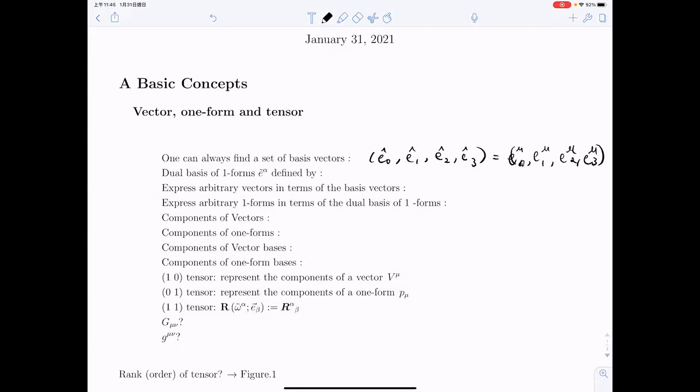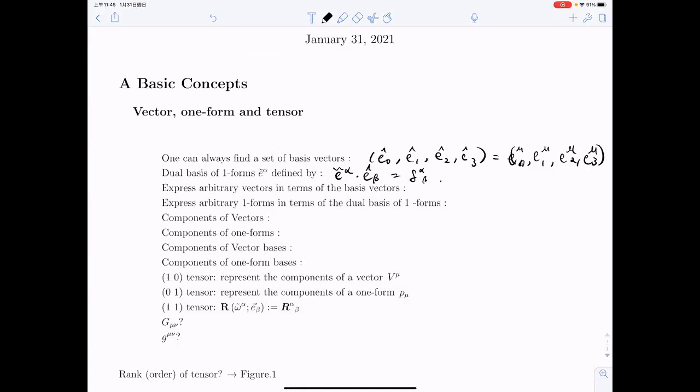For one-forms, the dual basis e tilde alpha is defined by e tilde alpha applied to basis vector e beta equals delta alpha beta.